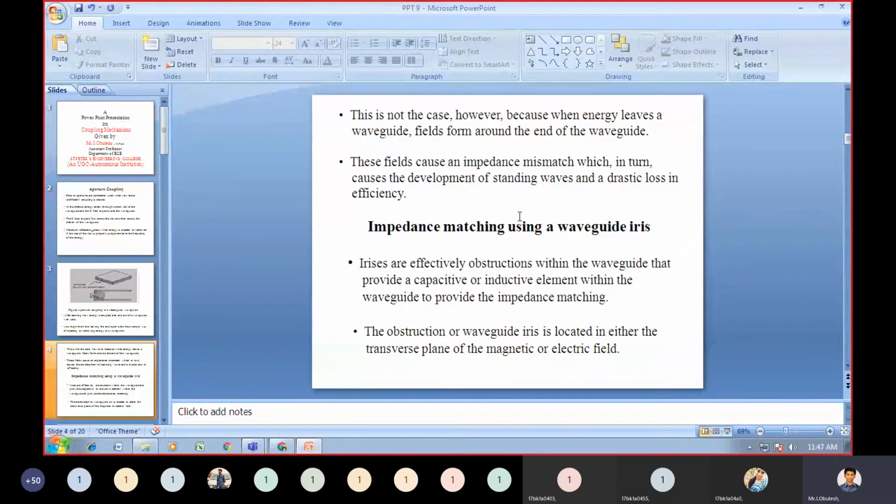However, this is not the case, because when energy leaves a waveguide, the field forms around the end of the waveguide.